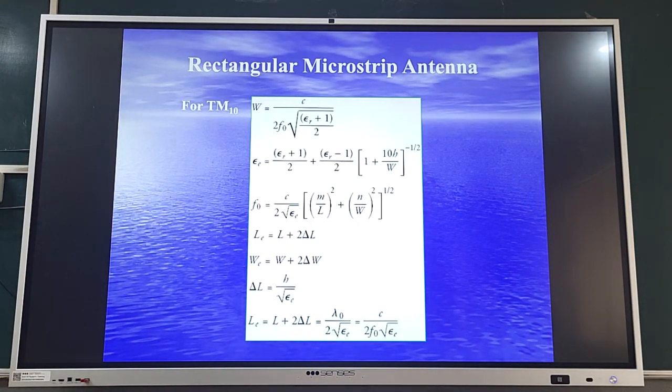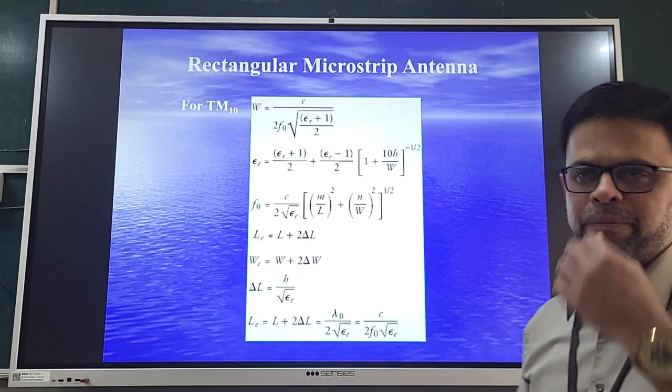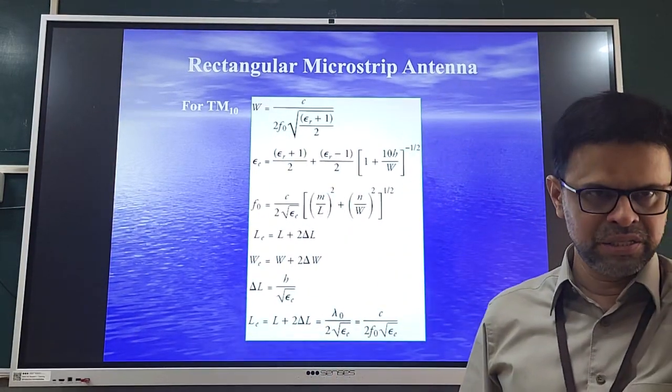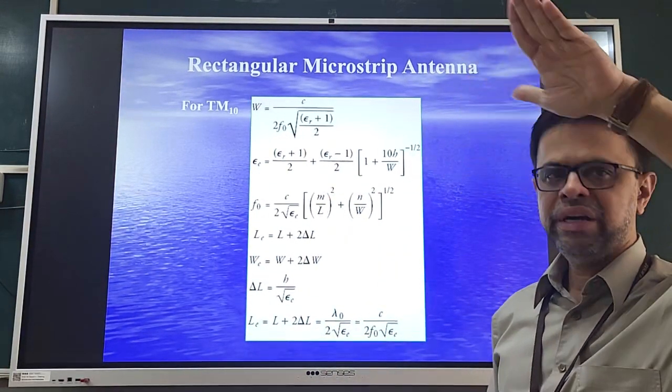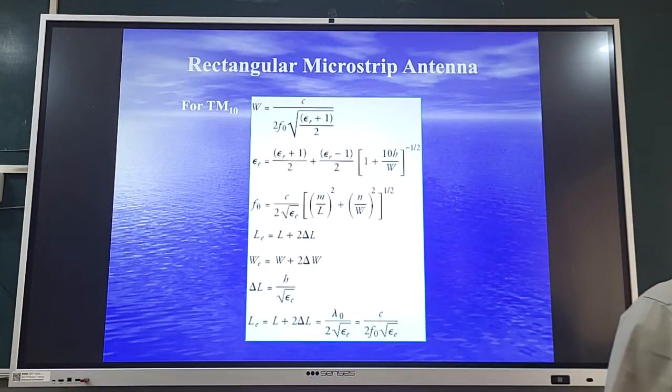C is the velocity of light in free space. Okay, now in these equations which I have written, if you take f0 in gigahertz, and if you take C as 30, then you get the dimension directly in centimeter.